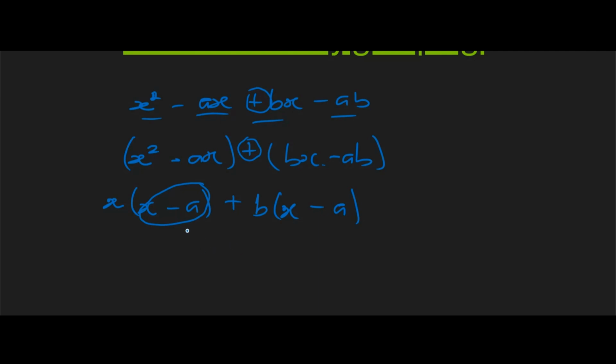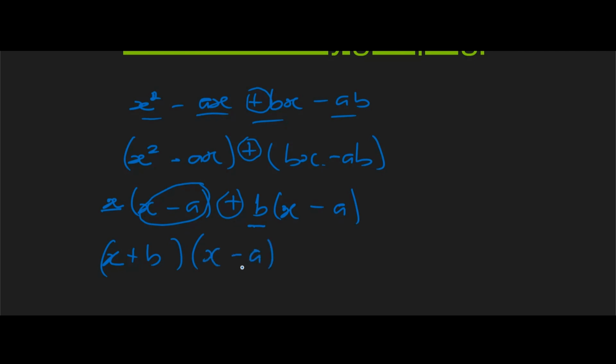After getting those brackets equal, we just take the coefficients, this x and that of b, and group them in one bracket. So we get x plus b, plus because of this sign, kept in one parentheses. Then we come to the next two, which are the same, x minus a, x minus a. We just take one of them, x minus a, and then we are done.